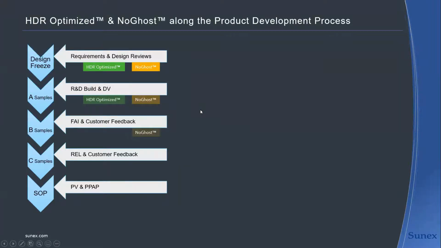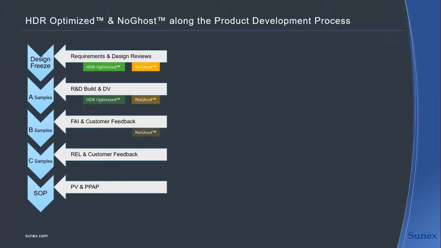If you look at the standard development process, from initial requirements and design reviews we get the design freeze. So we say, okay, that looks good. The nominal design is frozen. Let's start building something. This is definitely the first stage, requirements, design reviews, where we look at an HDR-optimized lens and also already reviewing the ghost performance. But then building the first samples inside R&D and doing design verification.